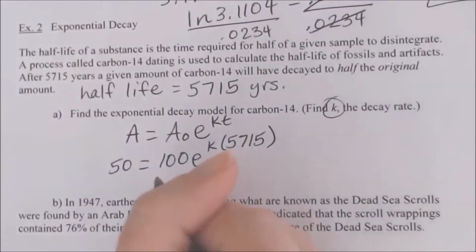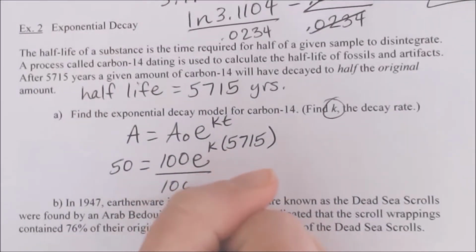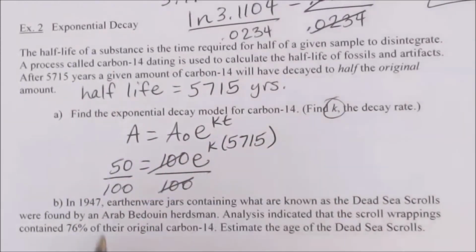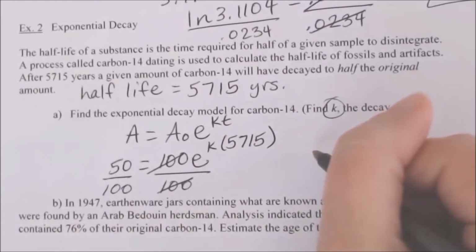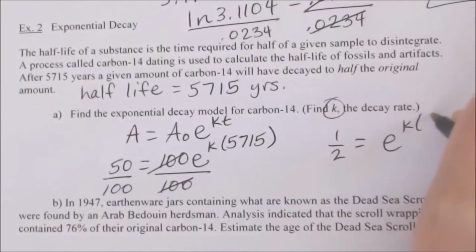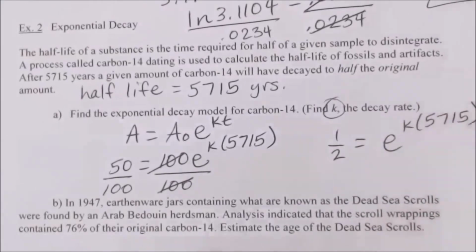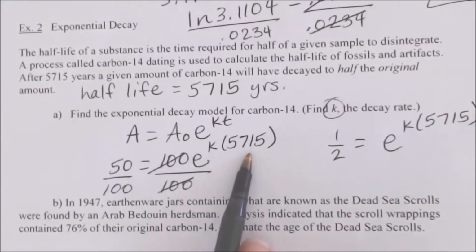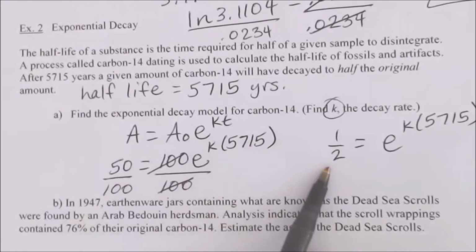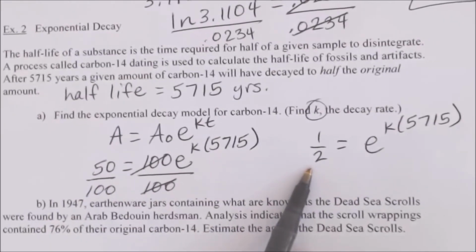I'm going to divide both sides by 100 so that I can solve for K. So 50 divided by 100, of course, is 1/2. And you see, that's why I say it doesn't matter what you started with. If you put your half-life time in your equation, whatever you start with, you're going to put half of it on the other side. You're going to get 1/2 here every time, so it makes no difference.